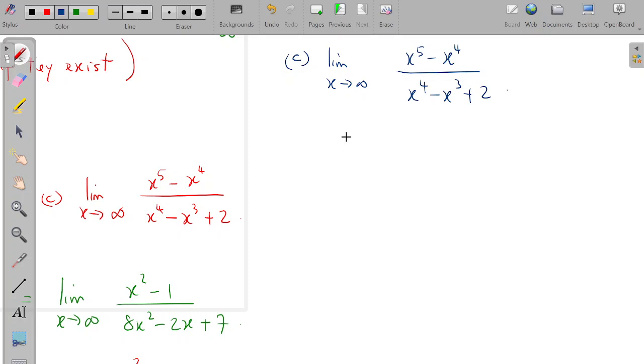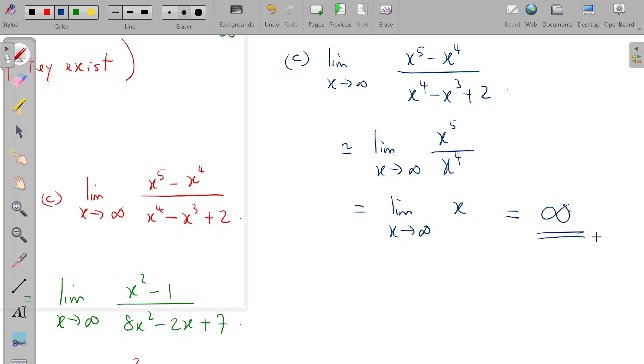Again, this limit has the same behavior as, or is approximately equal to, limit as x goes to infinity of x^5 over x^4, which gives us limit of x over 1, which is x. Now, by the time you take the limit, you are going to get infinity. So this limit is equal to infinity.